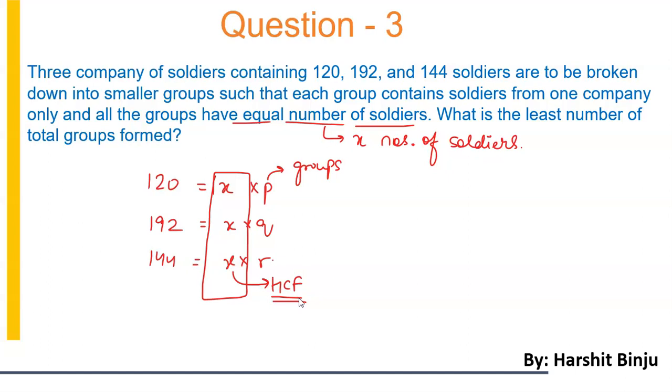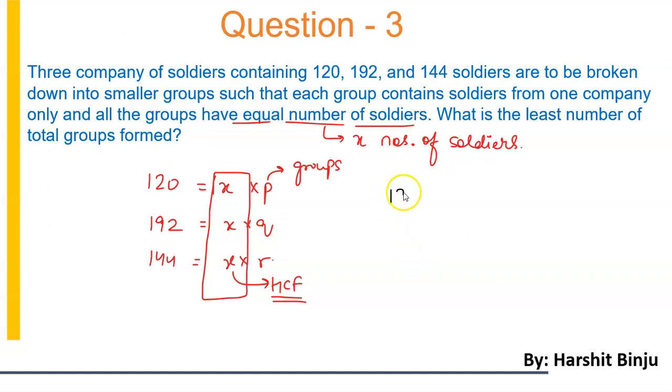I need a number which is a factor of 120, 192 and 144, because only if X is a factor of all three, P, Q and R will be integers. So I need to calculate the SCF of 120, 192 and 144. Let's do that.